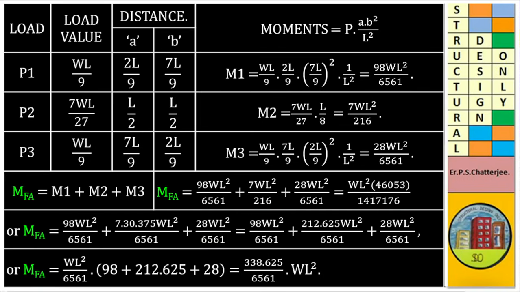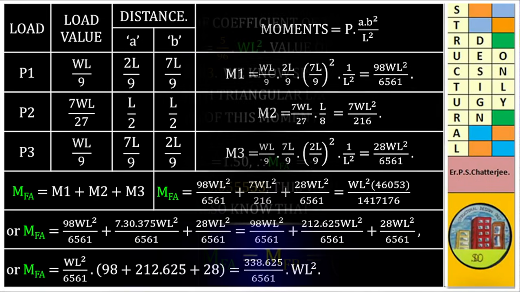Or MFA is equal to WL square divided by 651 into 98 plus 212.625 plus 28, which is equal to 338.625 divided by 651 WL square.